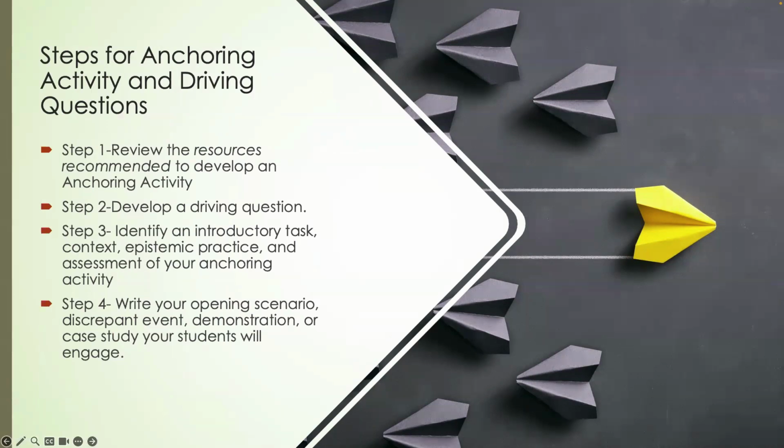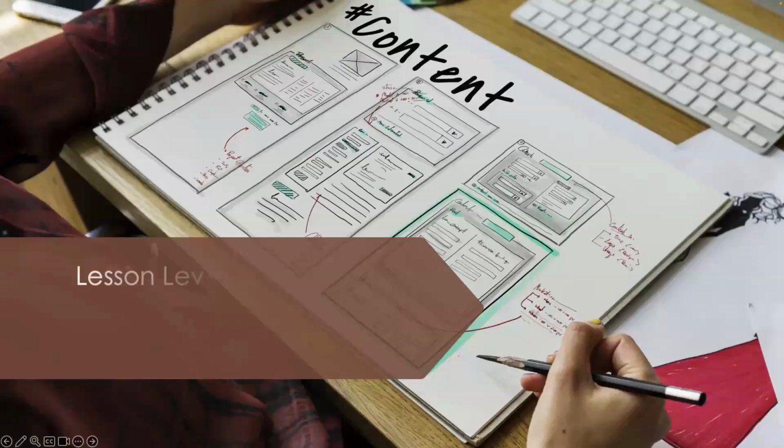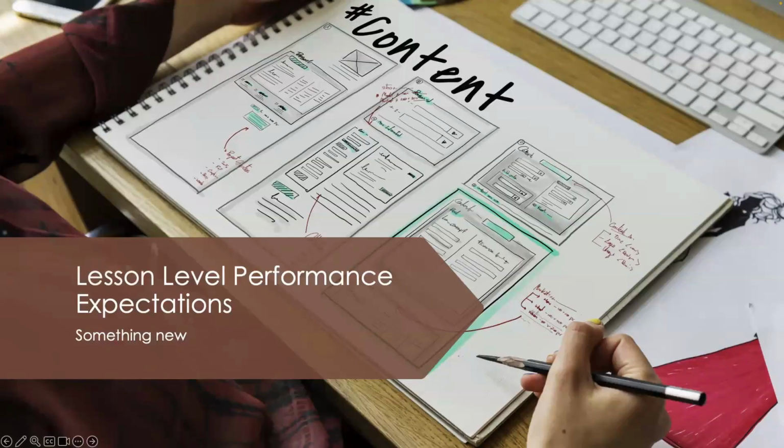Identify an introductory task, context, epistemic practice, and assessment for your anchoring activity. And then write your opening scenario or discrepant event or demonstration or case study, whatever you're doing to hook your students so that they'll engage.